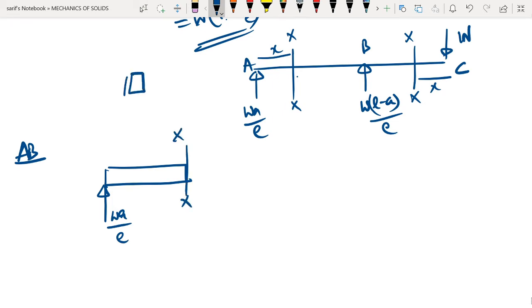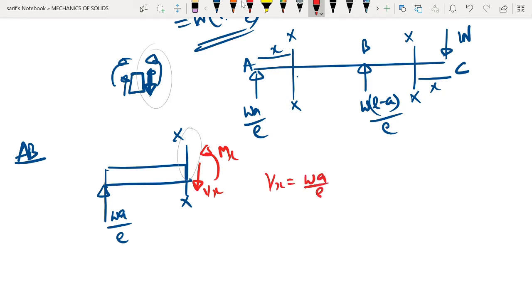We have the sign conventions here, and we have to choose these directions. So this will be Vx and this will be Mx. If you simplify this equation, we get Vx as WA by L, and if we take the moment equilibrium, we get Mx as WA into x by L.